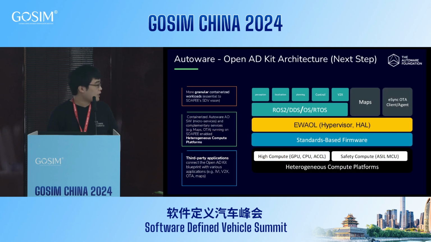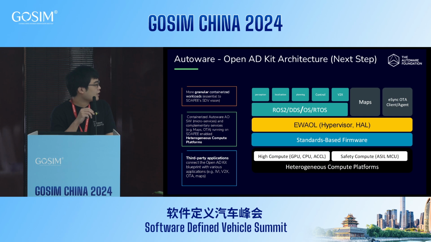And what we're planning as this year's target is to have more granular containerized workloads running on top of this EVO. We're trying to make sure that the perception, localization, planning, control, and vehicle components in Autoware are containerized as separate containers, so that we have more granular containers to be deployed to the system.